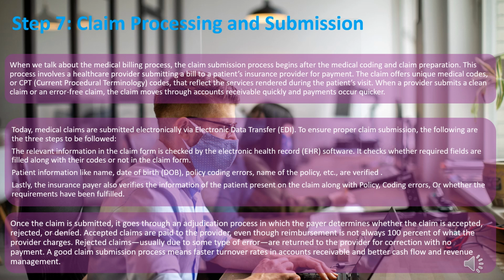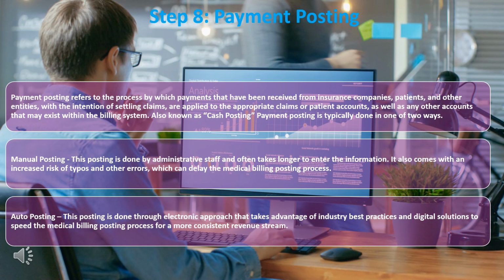A good claim submission process means faster turnover rates in accounts receivable and better cash flow and revenue management. After submitting the claim to insurance companies, it may be paid or denied, and the notification for the same is received in the EOB, also known as remit. From here, the task of payment posting starts.